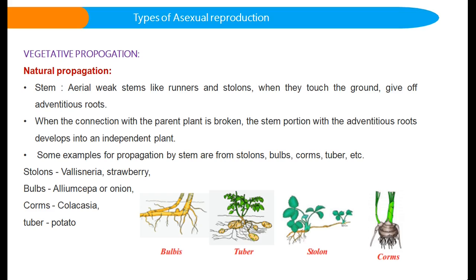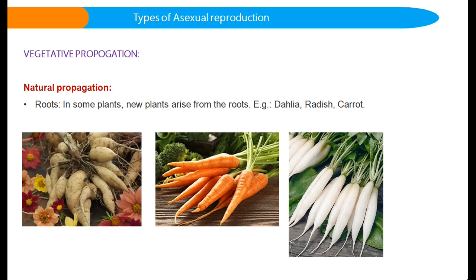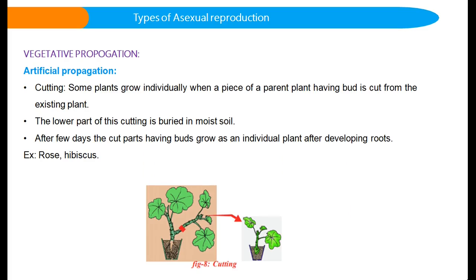And coming to natural propagation through roots. In some plants, the new plant arises from the roots, that is dahlia, radish, carrot, asparagus, etc.